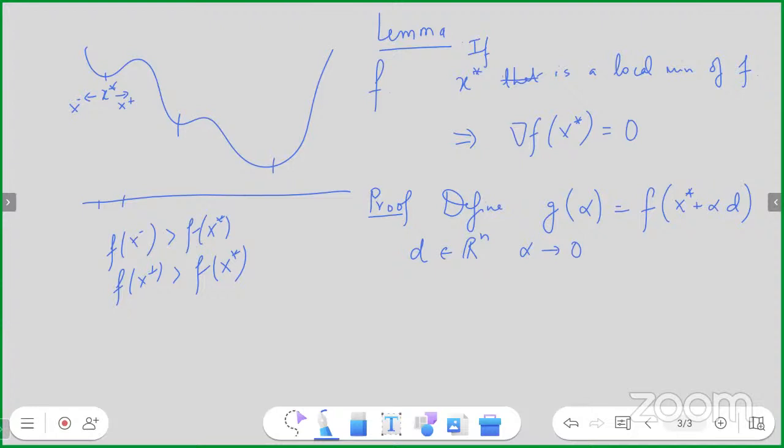Now the fact that x star is a local optimal, what does it tell me? That f of x star plus alpha d is greater than or equal to f of x star for small enough alpha. That's just by definition.